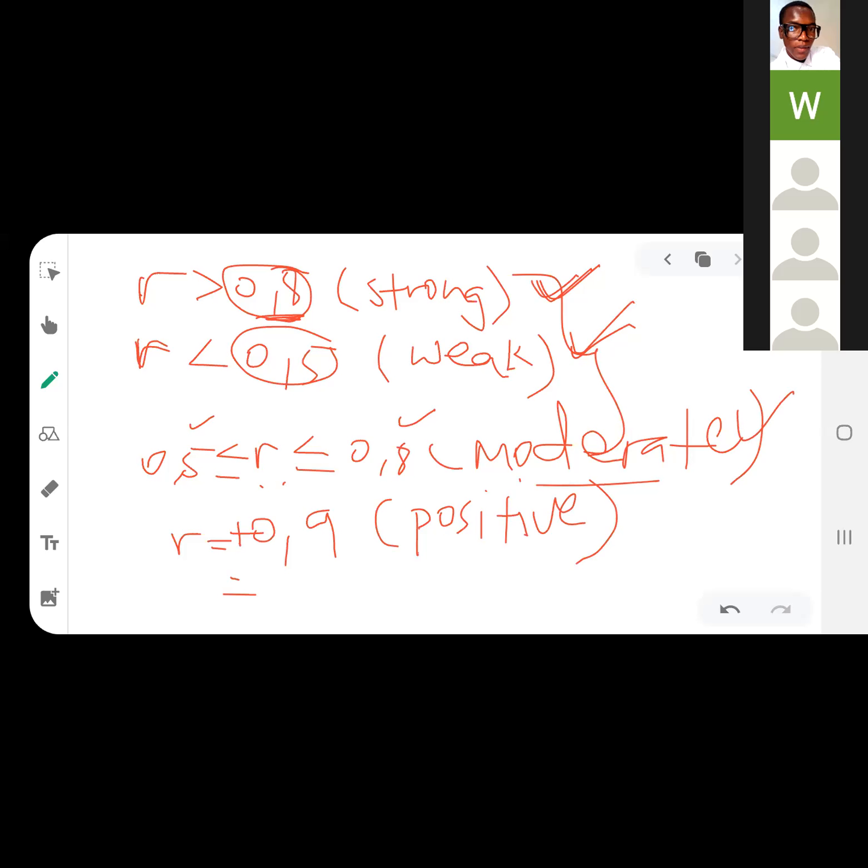You check. The value of R is greater than 0.8. Therefore, it is a strong positive relationship. But if your R is now equal to 0.2, and it's positive, meaning that there is a positive relationship, then it's a weak positive relationship because the value of R is less than 0.5.